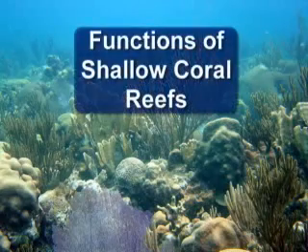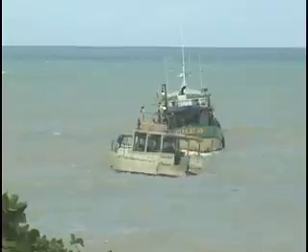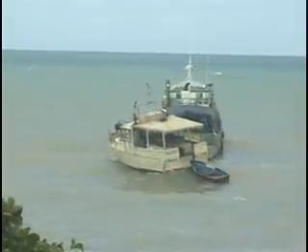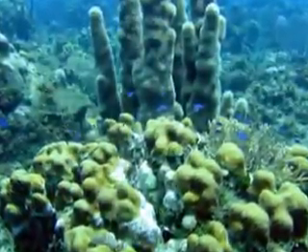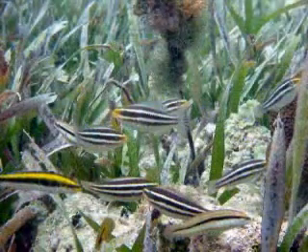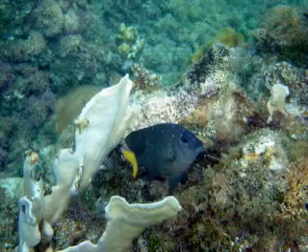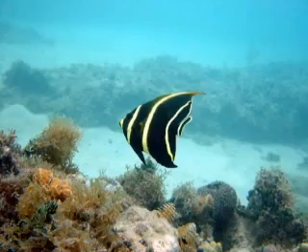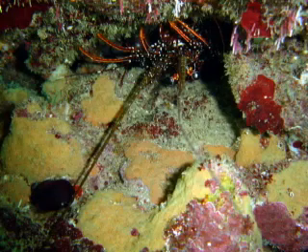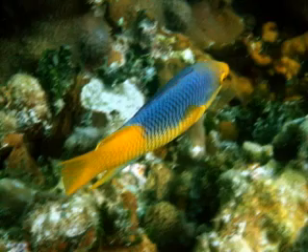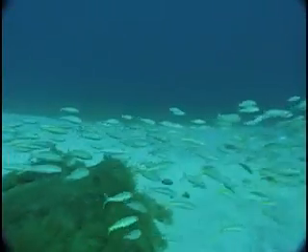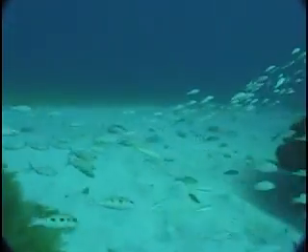Functions of shallow reefs. Shallow reefs break waves, protecting seagrass beds, mangrove wetlands, and the coastline. They provide nursery habitat for parrotfish, damselfish, angelfish, grouper, lobster, hogfish, and a variety of other creatures.